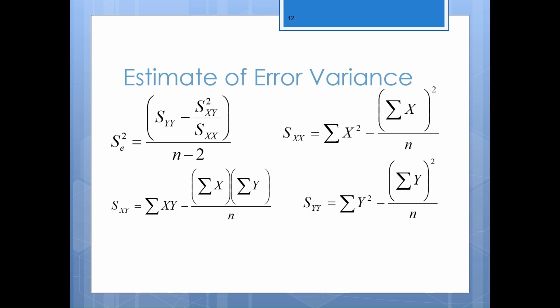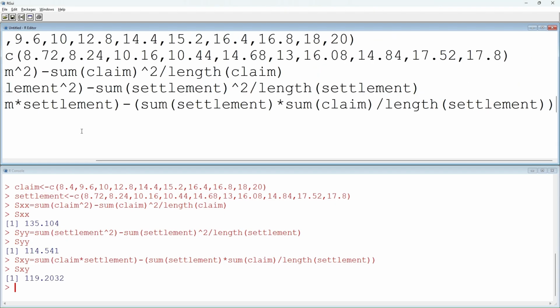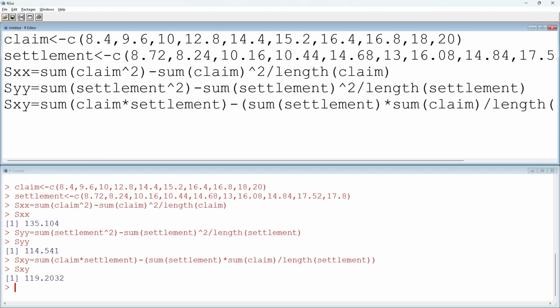So let me go back to here. This is not necessarily what I'm doing because we have already been doing these, all right? But I just want to show you that to confirm what we have done. To obtain SE2, we have to take these different components.